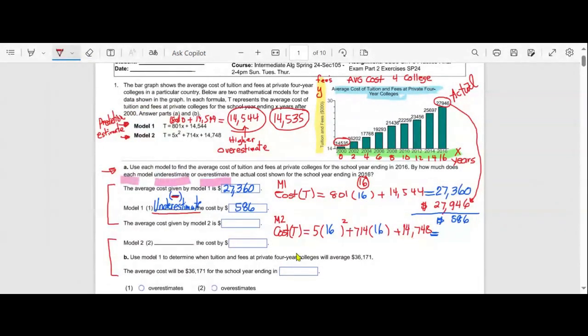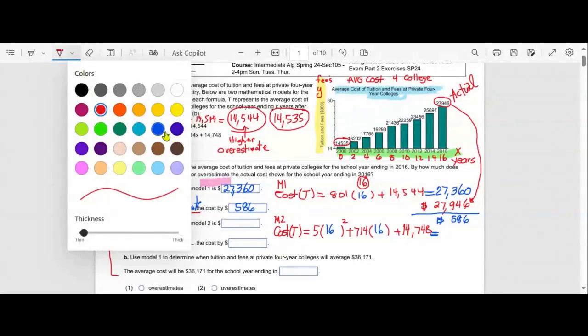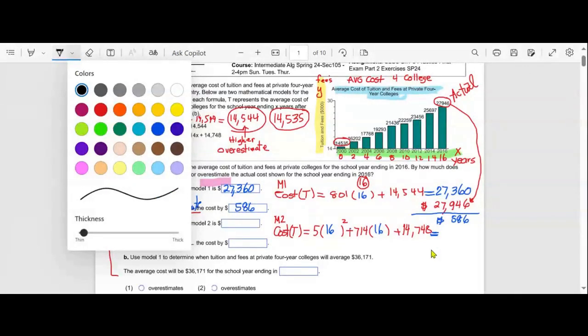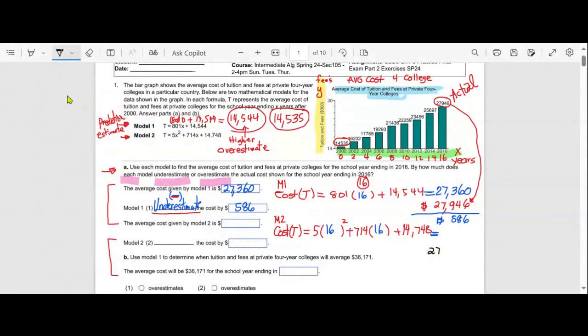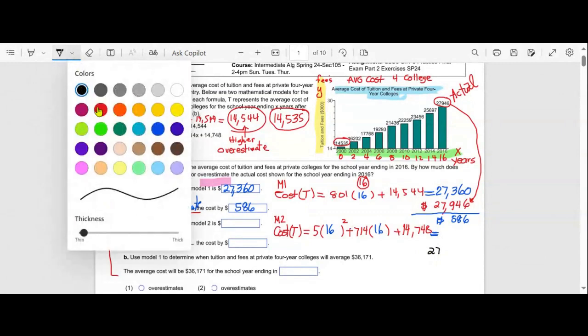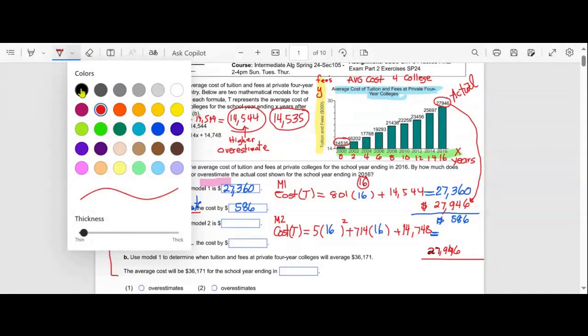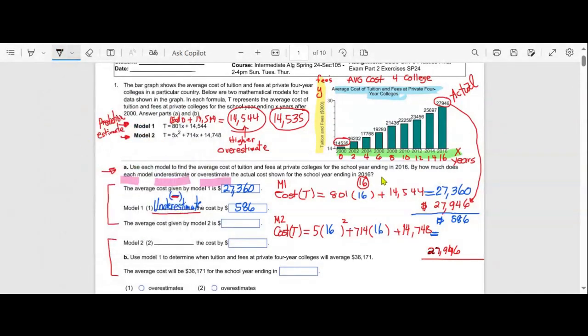Yellow. Who can tell me the answer? Anyone?